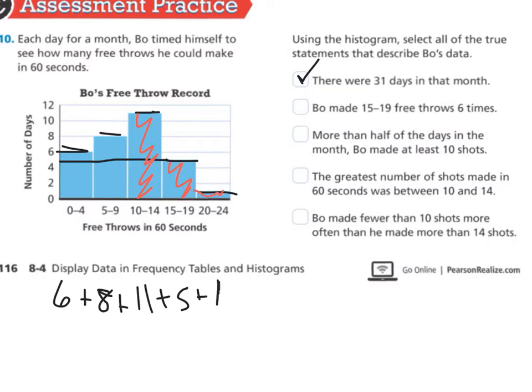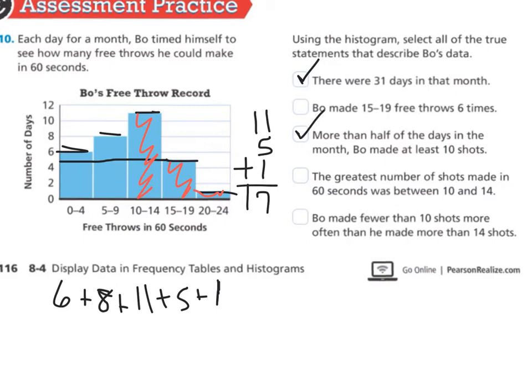So more than half the days, we'd need at least 16 total for that to happen. We've got already 11 in that first one, and then a 5 and a 1. So that's 17. That's more than half. So that works.